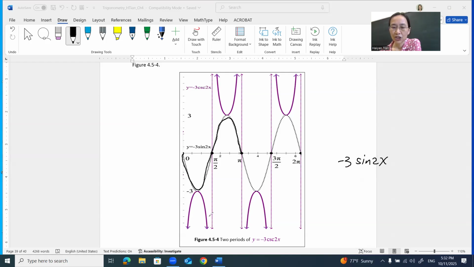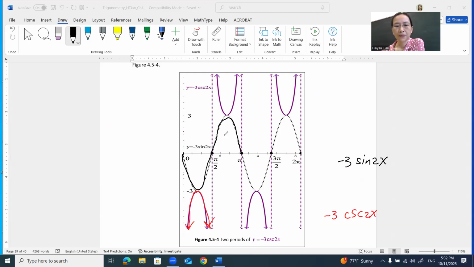we can sketch the -3 cosecant 2x using that reciprocal property, and we did the analysis just now, right?